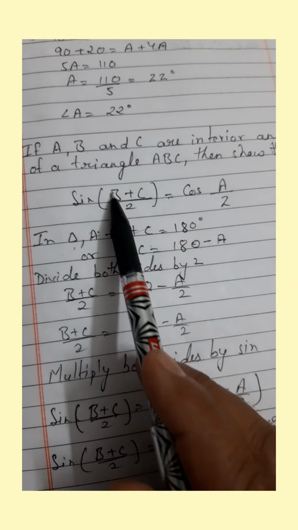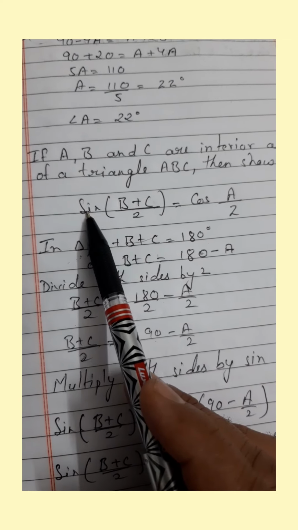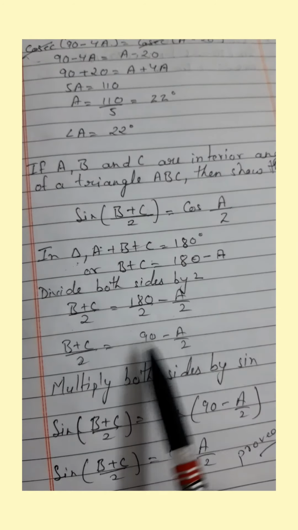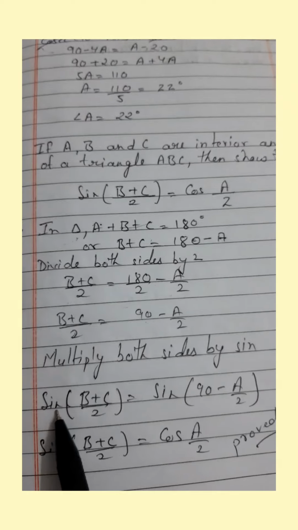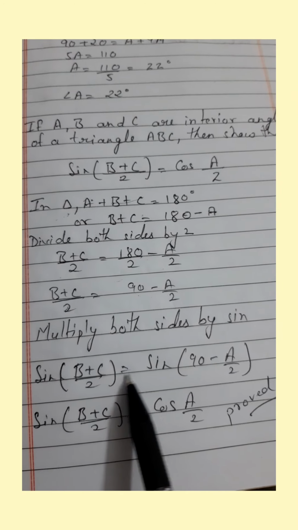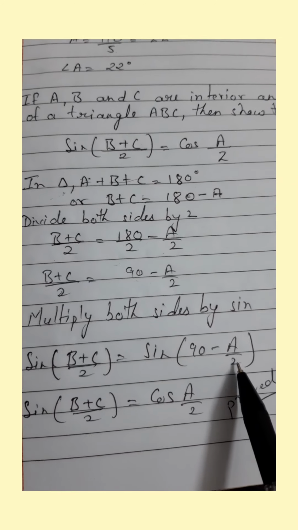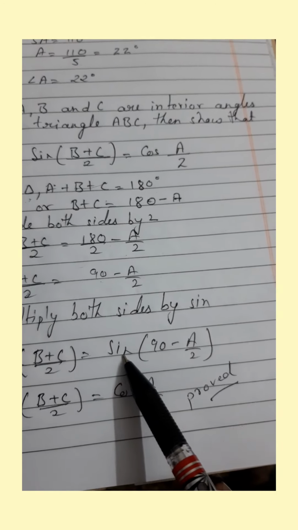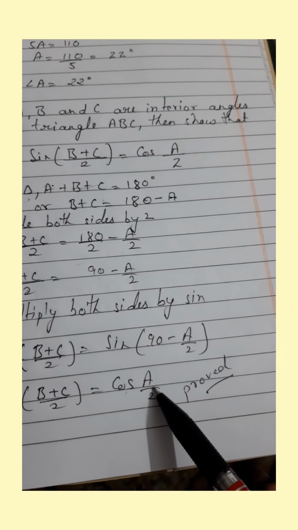Now we are having this part (B plus C) upon 2 here. We need sine also. So we can multiply both the sides by sine. And when we multiply it, it will come sine (B plus C) whole upon 2 equals sine, in bracket we have to write this 90 minus A upon 2, right? Here it will look like sine 90 minus theta, which is cos theta.